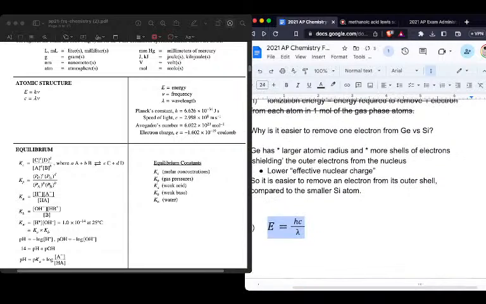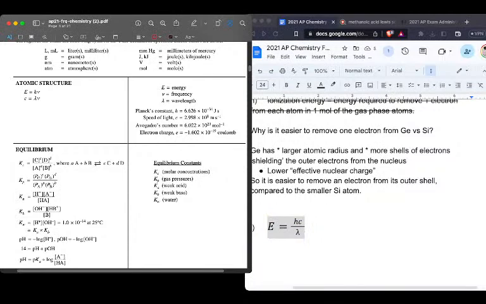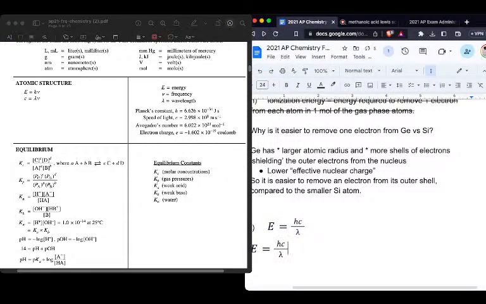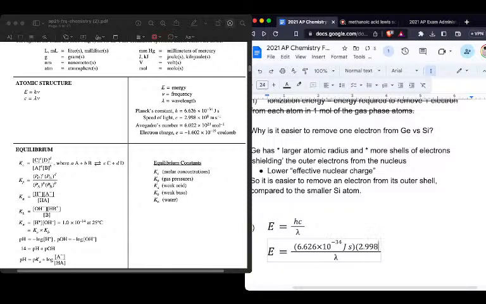H and C are both constants that are given to you here. H is 6.626 times 10 to the power of negative 34, in joule seconds. C is 2.998 times 10 to the power of 8, that's meters per second.